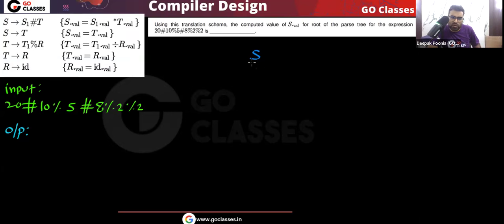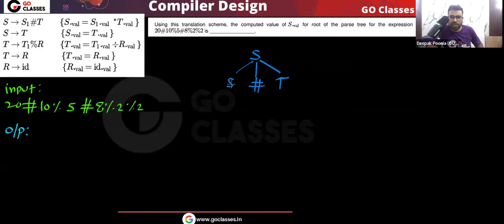So this S will go to S hash T. Remember, this S1 and this S are basically the same non-terminal but different instances. Just to differentiate which S I am talking about, we are using this subscript, but both are the same non-terminal. So in the parse tree, you can directly write it as going to S hash T.